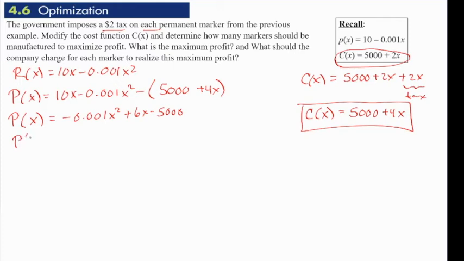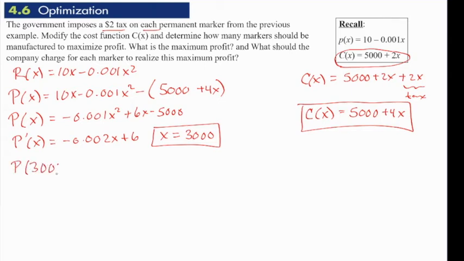We'll find the derivative so that we can locate the critical point. And now we find that we should be producing 3,000 markers per year. The maximum profit is profit at 3,000.